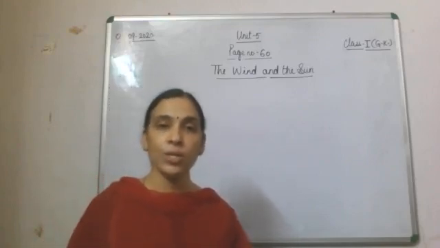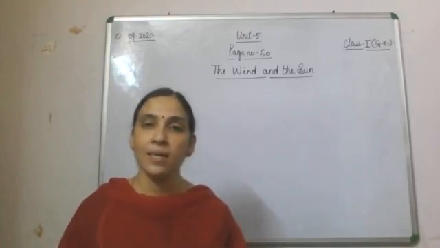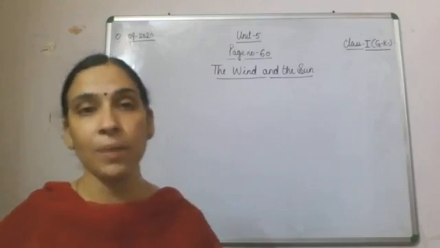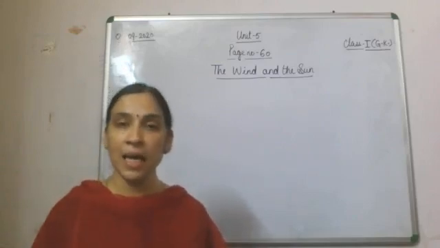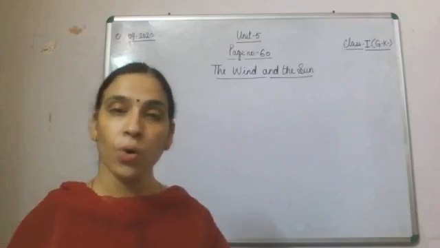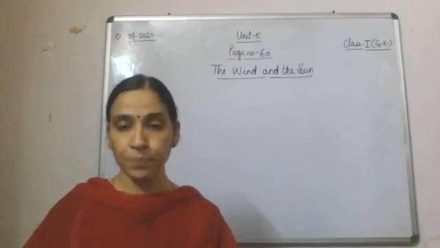And by the story, we know that the sun was stronger. So with this, we have finished page number 60, a nice story given in your book. You can also enjoy reading this story.